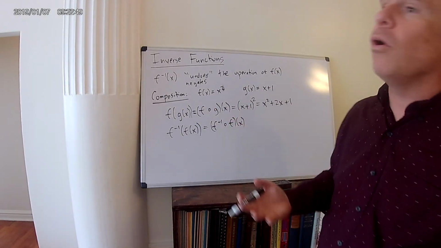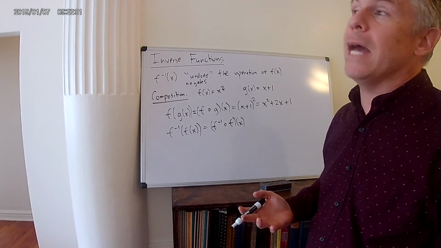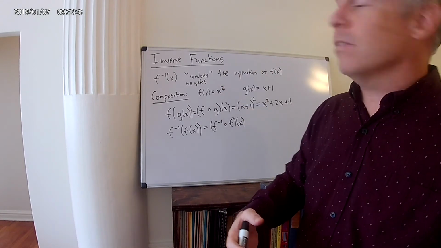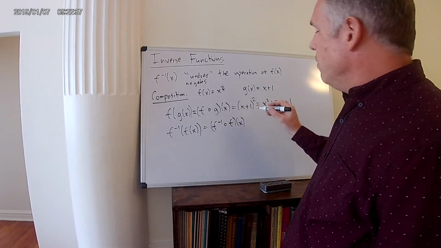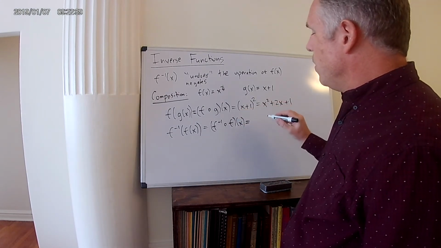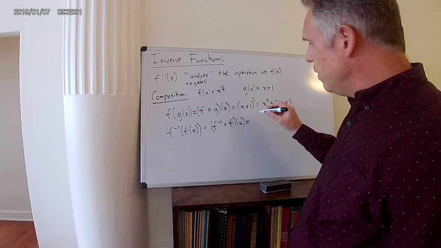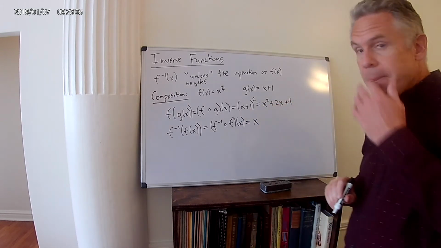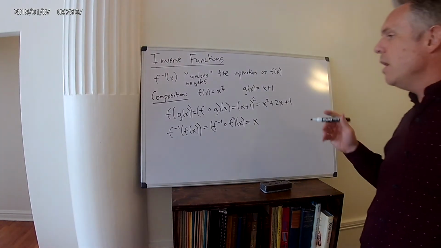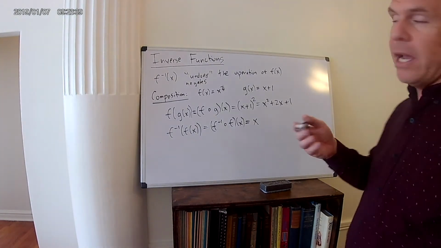What if I dig a hole and then I fill it back in? What do I get? I get back to where I started. So if we compose f of x with the inverse, these two functions negate each other and we simply get x. Let me go back to an example you guys know how to do.